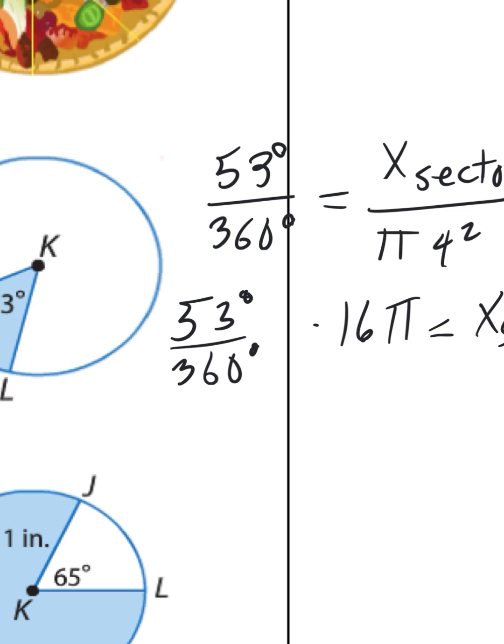Is that what you got? What'd you get? 0.46. That's just this part, or did you multiply by 16 pi? So 7.4, this is going to be feet squared. That's the area of the sector.